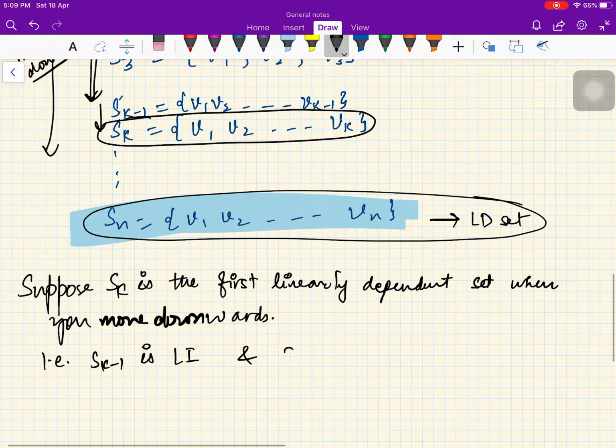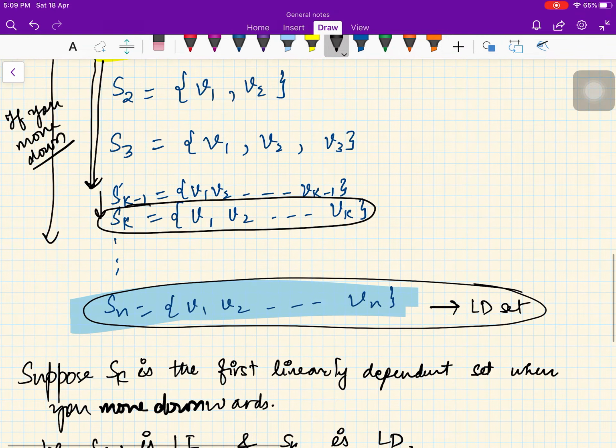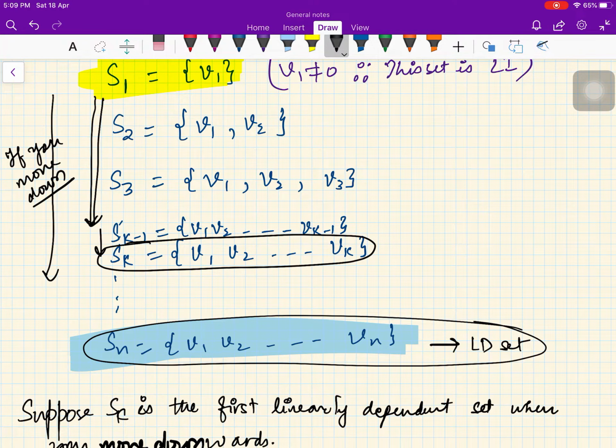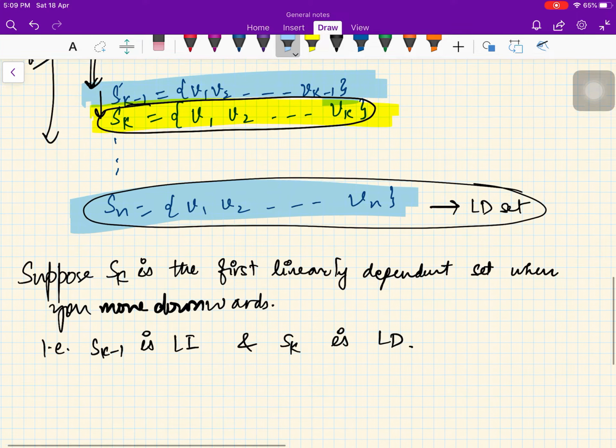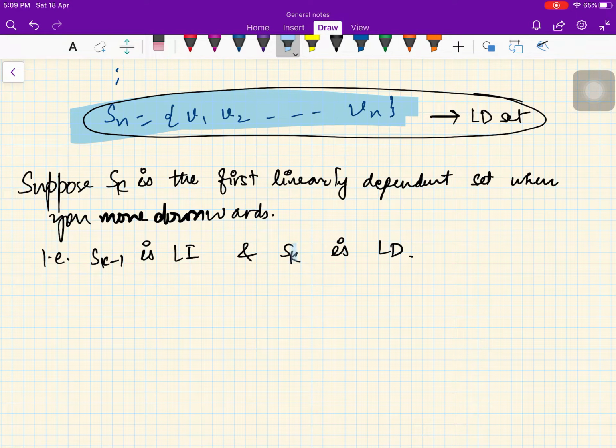It means that Sk minus 1 is linearly independent and the set Sk is linearly dependent, because Sk is the first set which is linearly dependent. So the set before that has to be linearly independent.